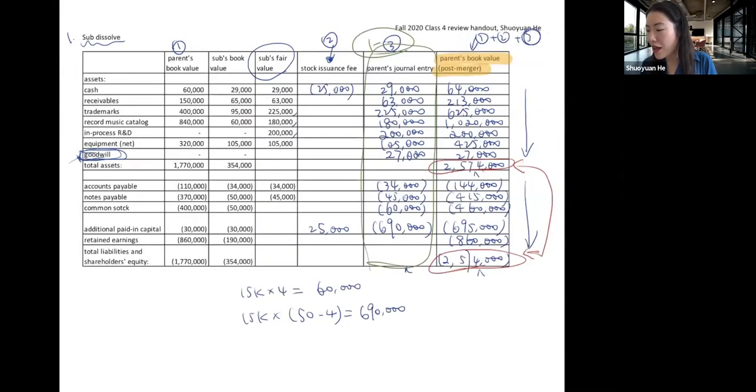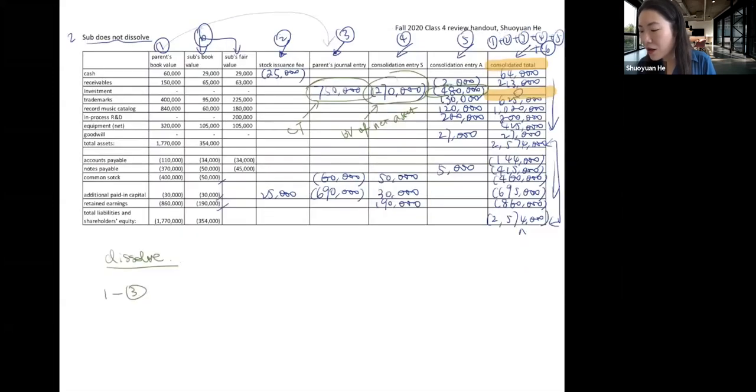And then if you look at what we are doing in the second situation, when the subsidiary does not dissolve, no dissolution, we have the subsidiary's book. So we may call it journal entry 2-6, which just represents the sub's book value.